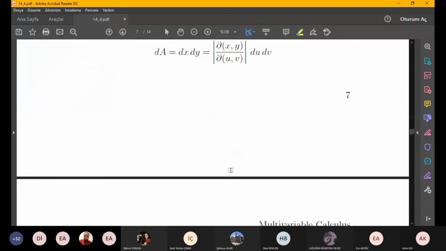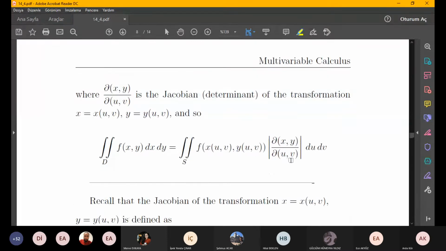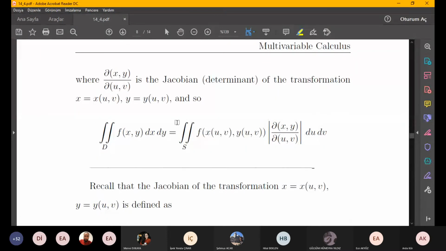So if we now express the double integral over D onto S, by this transformation it will be equal to this integral. So this will be f of x(u,v), y(u,v), because you have this transformation now.